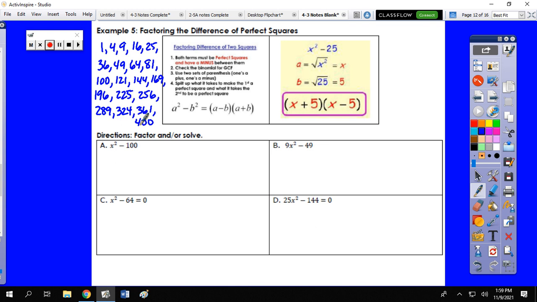So there's the first 20 perfect squares. So you may not know those numbers, but you definitely need to recognize that those are numbers that have an exact square root.